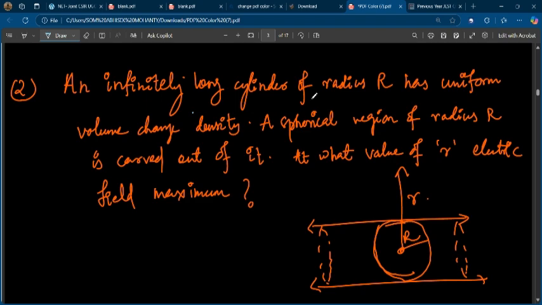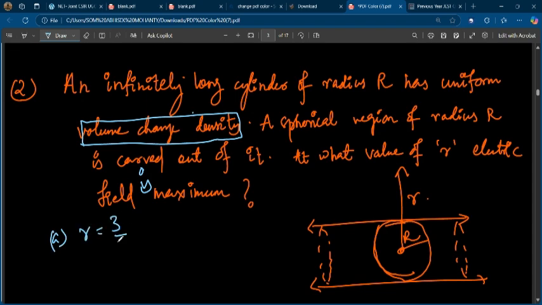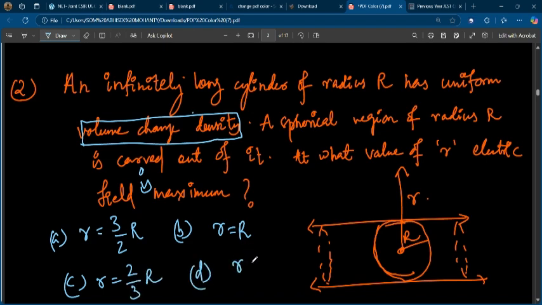The infinitely long cylinder of radius R has uniform volume charge density, so rho will be there. A spherical region of radius R is carved out of it. At what value of r is the electric field maximum? Option A, r is equal to 3 by 2 R. Option B, r is equal to R. Option C, r is equal to 2 by 3 R. Option D, r is equal to 4 by 3 R.